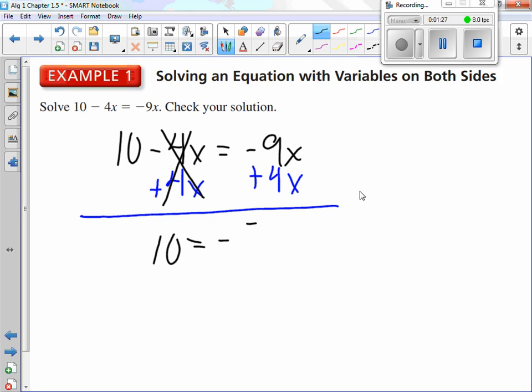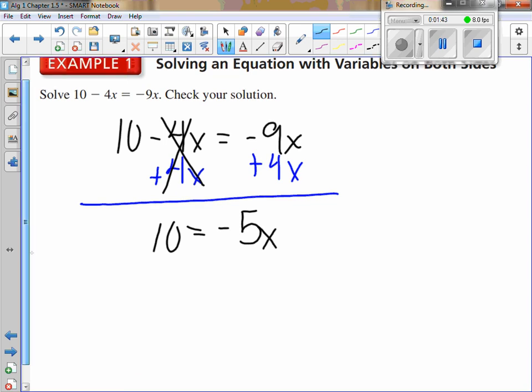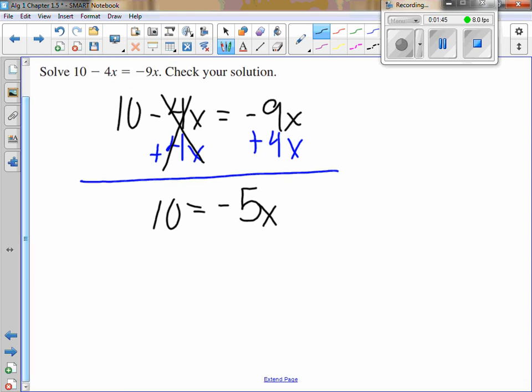What would that be? Put it in the calculator. Well, is x by itself?